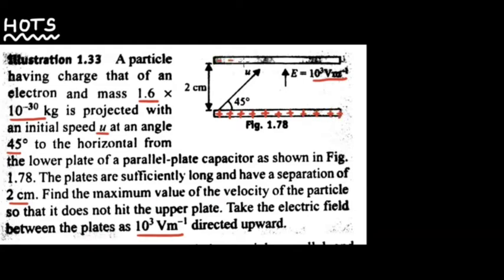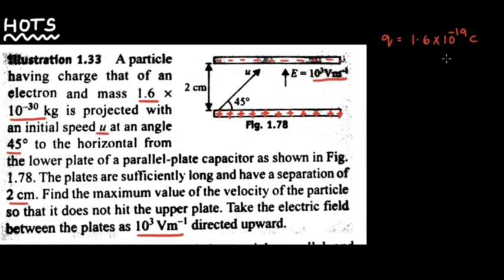So I will give the charge to this plate. Upper plate is negatively charged and the lower plate is positively charged, and it is given that we have a charged particle whose charge is same as the charge of electron. So I'll write the magnitude of the charge only, that is 1.6 into 10 to the power minus 19 coulomb, because you know that the charge of electron has this much magnitude and it is a negative charge.